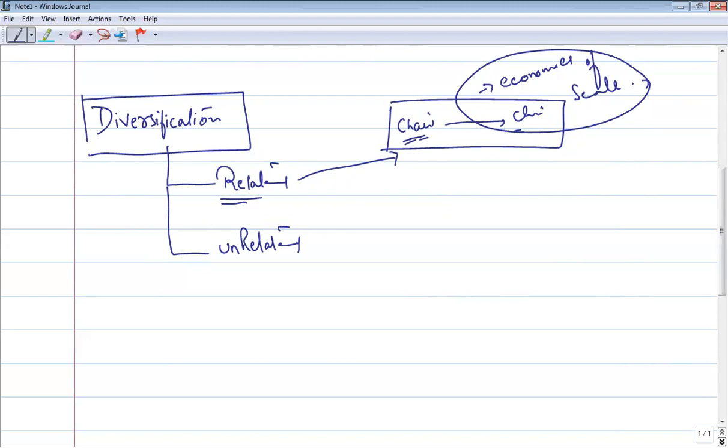On the other side, a company can also have unrelated diversification. Unrelated diversification is when it is buying a company that is offering different products and services. So let me ask you a question. Can you give me a quick example of unrelated diversification?